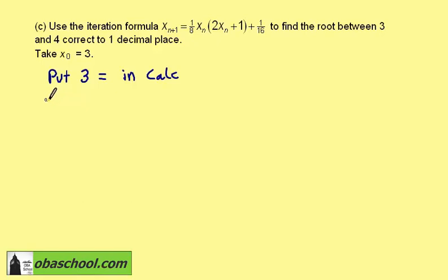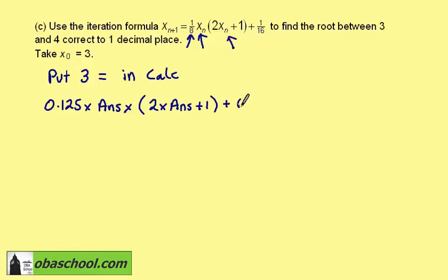1/8 is 0.125. We want to multiply that by the last answer. Then multiply that by open bracket 2 times the last answer plus 1.